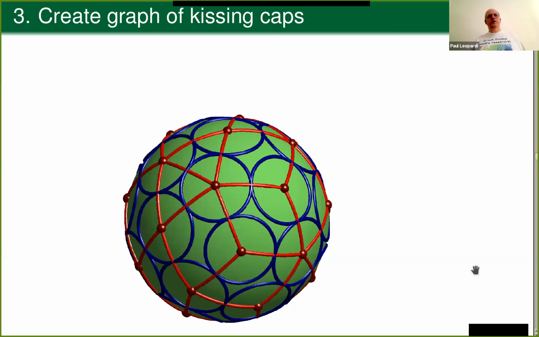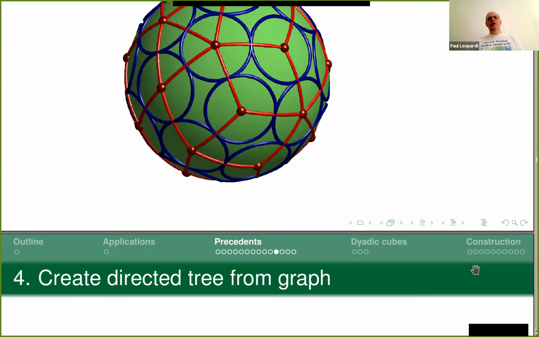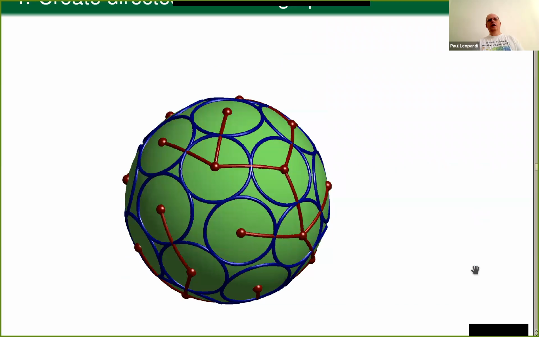The next step is to create a graph, and all you do is you take the centers and you join them with an edge in the case where the spherical caps touch or kiss. You then take that graph, you get a spanning tree, and you make it a directed tree, which is directed from the leaves towards the root.